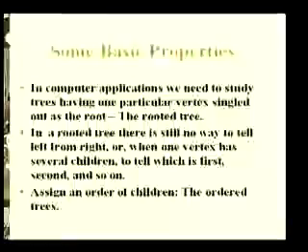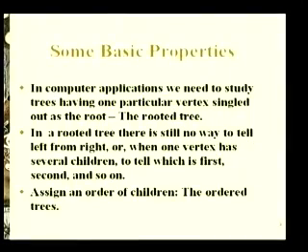Let me go through some basic properties of trees. In computer applications, we need to study trees having one particular vertex singled out as the root, the rooted tree. In a rooted tree, there is still no way to tell left from right, or when one vertex has several children, to tell which is first, second, and so on. So in ordered trees, we assign an order to the children. So the two most important points about a tree are that it always has one particular node as a root.